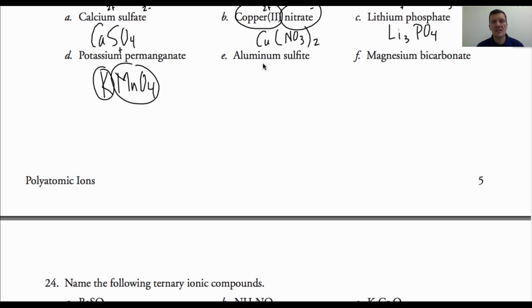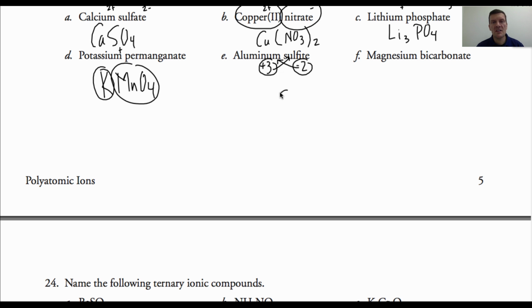Here's my metal. +1 and -1, 1-to-1 ratio. Aluminum. Aluminum is a +3. Sulfite is a -2. So I'm going to need a ratio that's going to give me a neutral compound. Remember, one of the tricks I mentioned earlier is that you just cross these numbers, and that tells you how many of the other one you need. So aluminum is a +3.